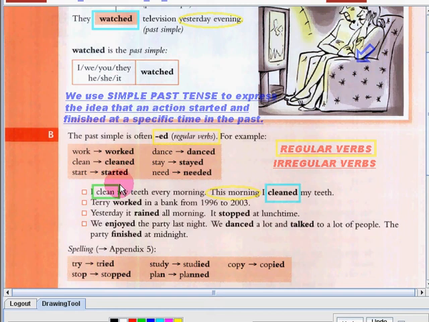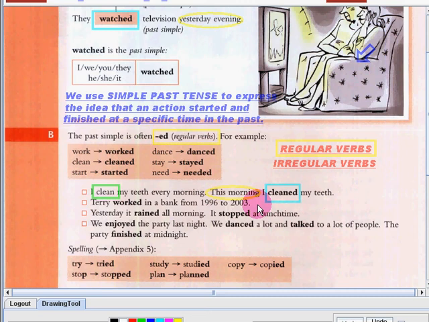So we know that this is a present tense verb. Now for the second sentence, we have the verb cleaned. So it's in the simple past tense. And in this sentence, we know that the action started and finished at a past time because we have the past time expression this morning. So indeed, this sentence is in the simple past tense.